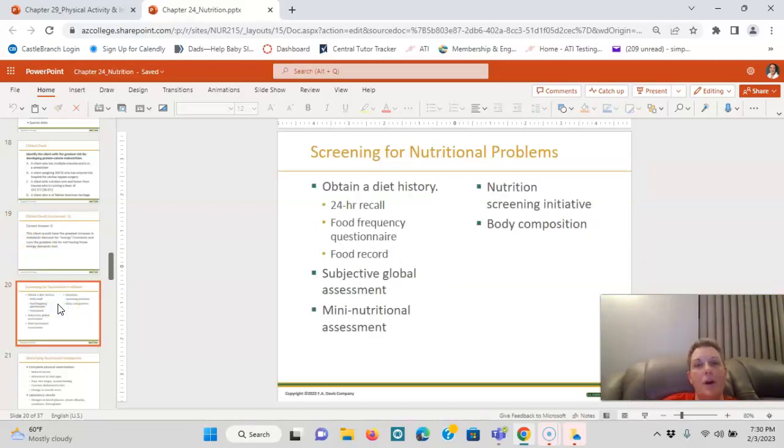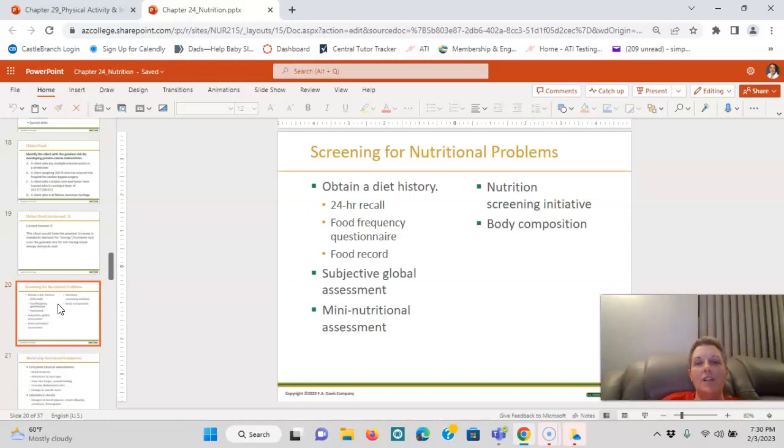Screening for nutritional problems. The best way to obtain a good history, to provide a good screening, is to talk to the patient about a 24-hour recall, a food diary, a food record, a food frequency questionnaire.